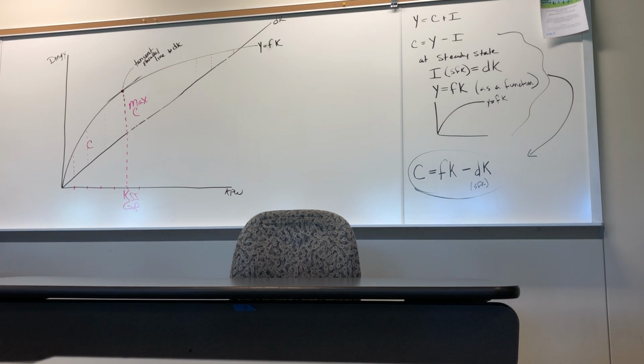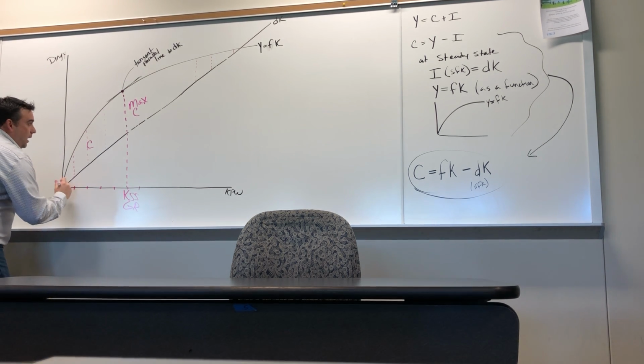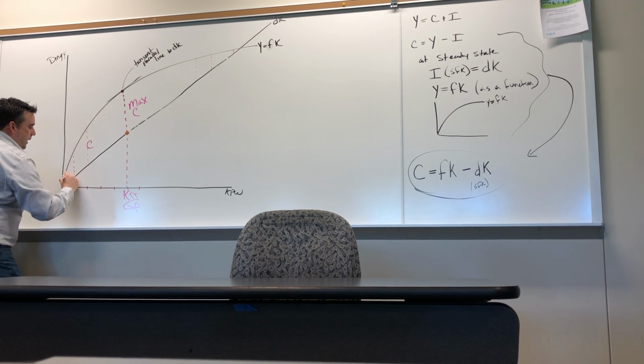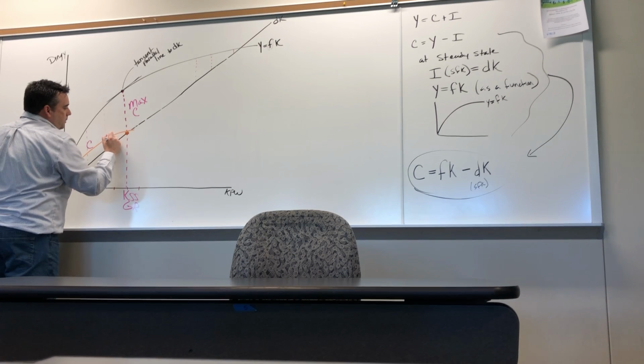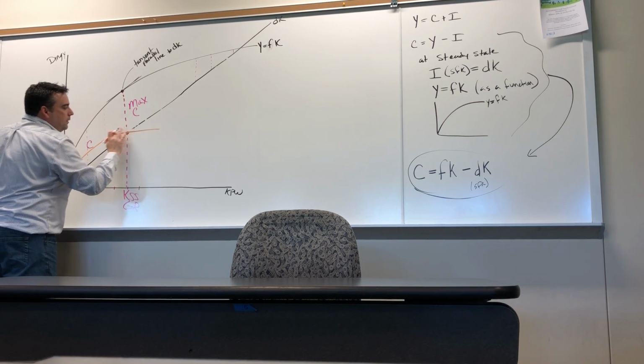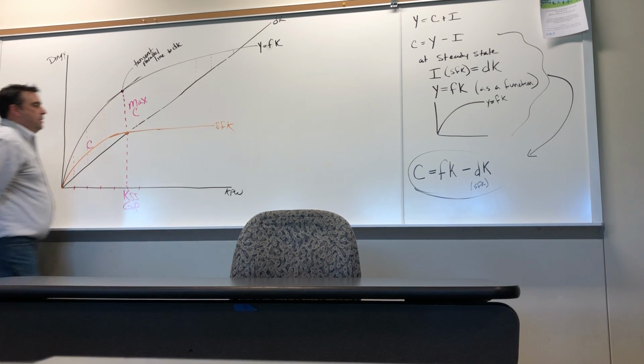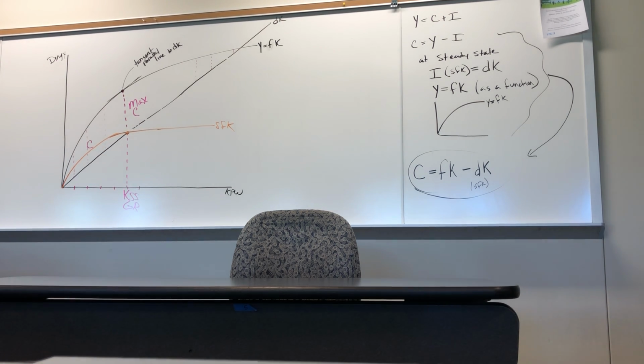And in order to make it a KSS, what would we have to have? We would have to have savings coming through our dk function right there. You know what? I can add that in. I can just draw savings in there. Oh, no, I can't. Evidently, I missed it. There we go. We have our golden rule level of savings. We have our golden rule level of capital.